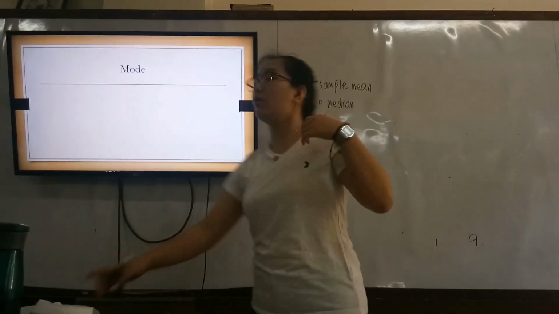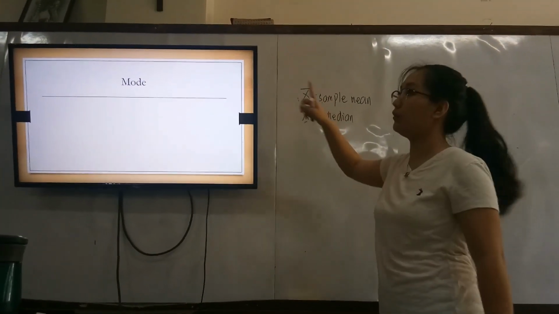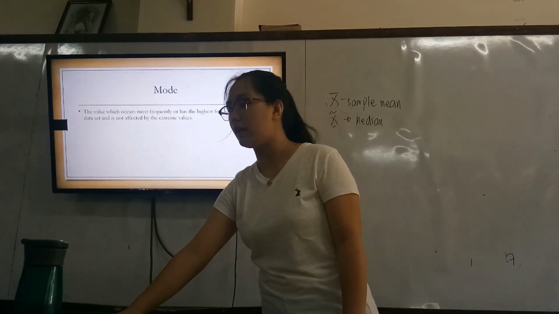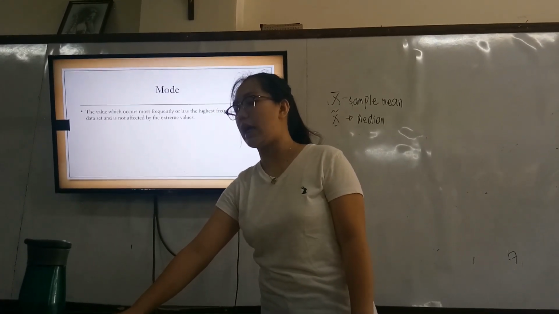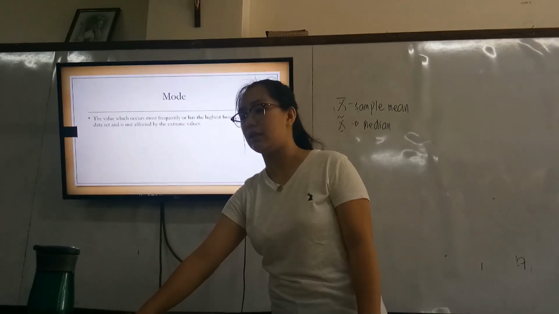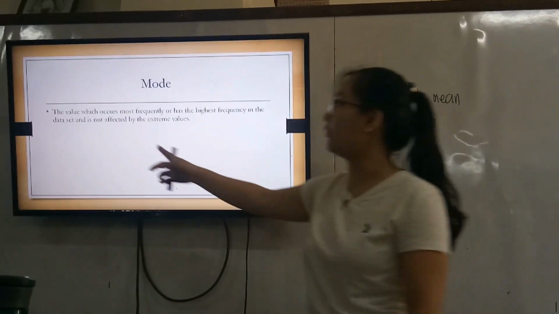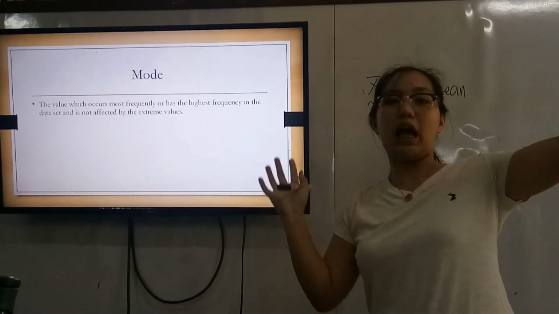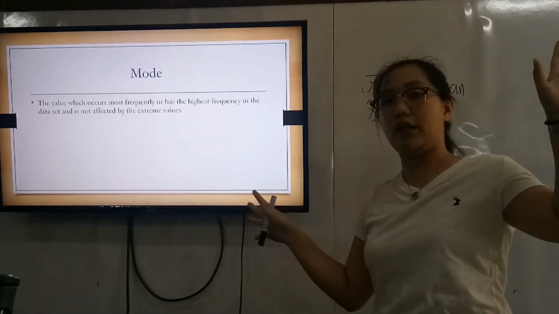Okay, so after your median, let's move on to your mode. What is mode? It says there, the most frequent, or the highest frequency in your data set. Most likely, it's not affected by extreme values, meaning your very high or very low values.